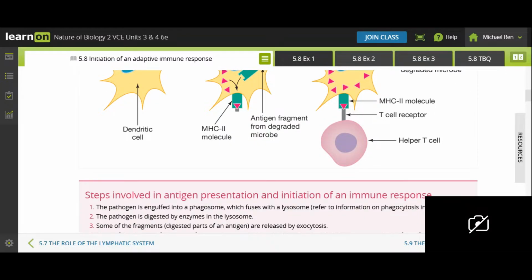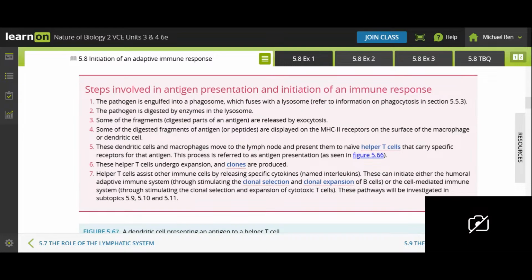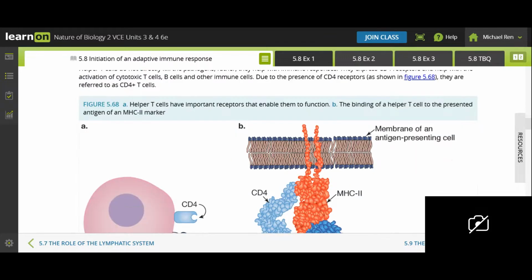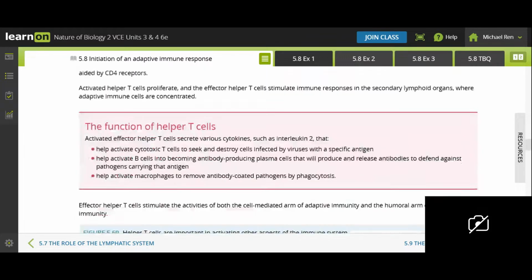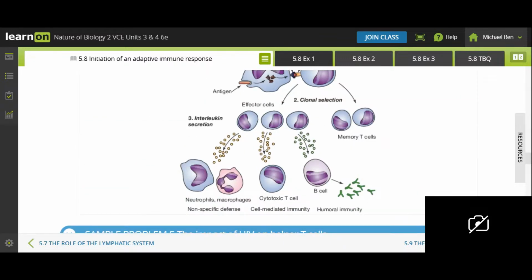This results in the production of a ton of Th cells as well as some memory Th cells, which are important for future responses. The Th cells then, let's say, activate the humoral adaptive system.